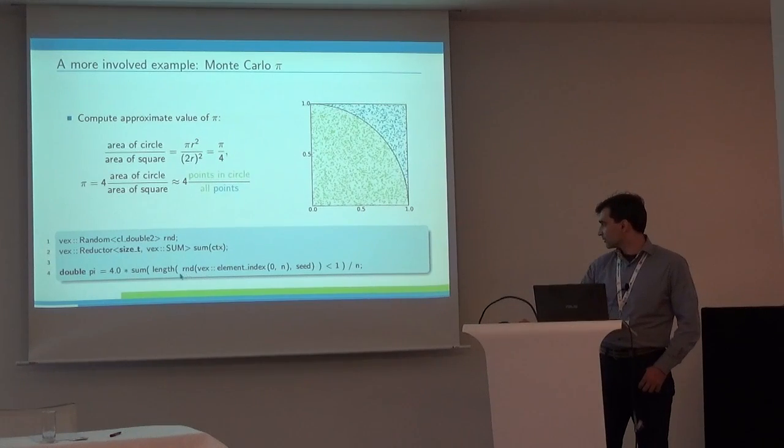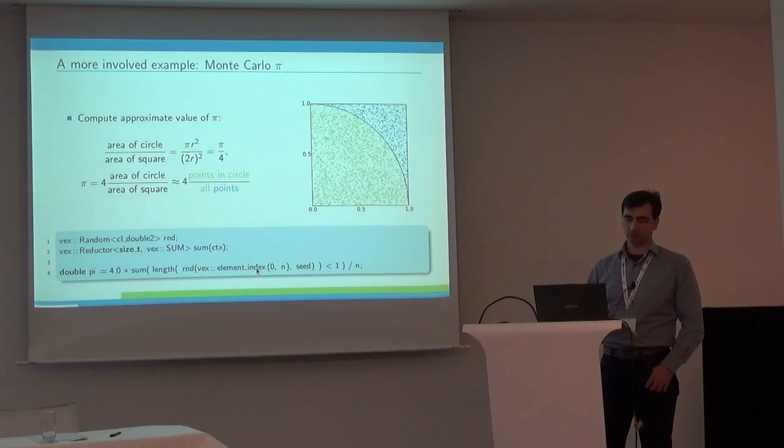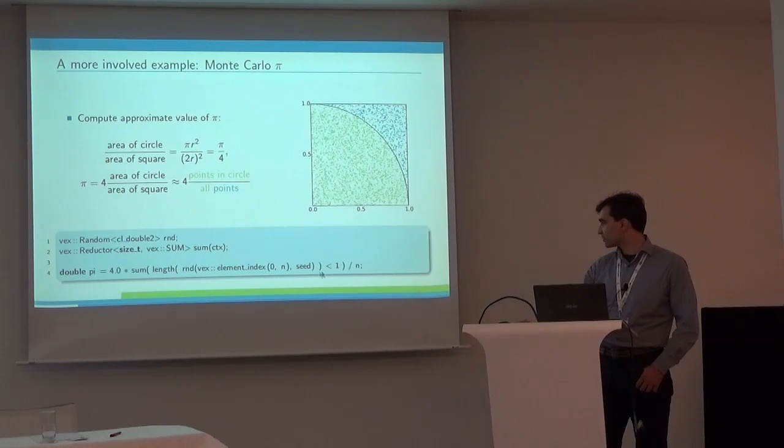Then you get the two-dimensional point out of it, and you compute its magnitude, so the distance from the axis origin to this point. And then you see if this distance is actually less than 1. And then you sum this expression, so you get the number of points that got into the circle of radius 1, okay? And then you just multiply it by 4 and divide by n.